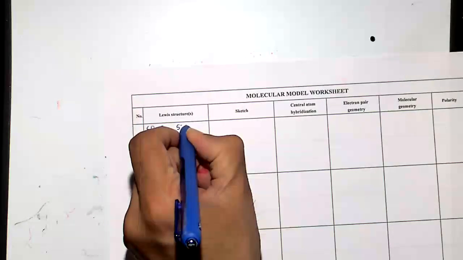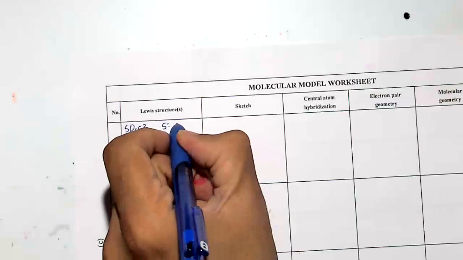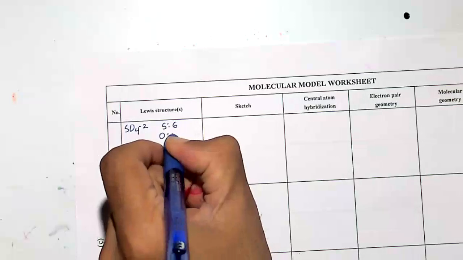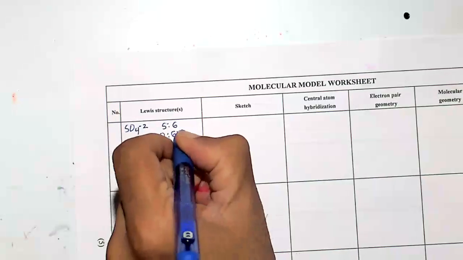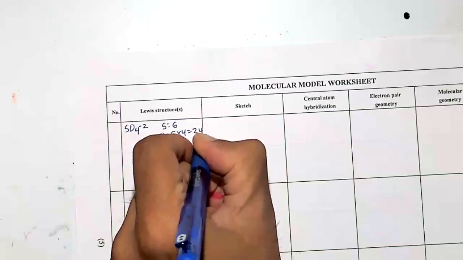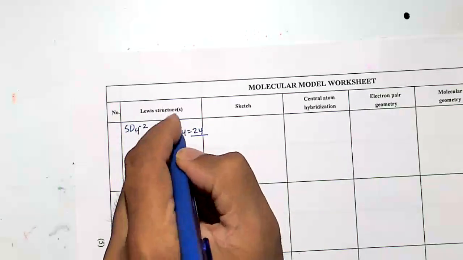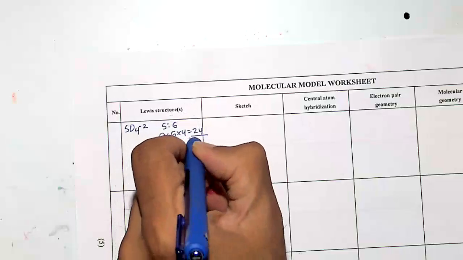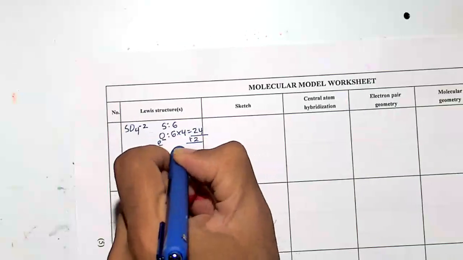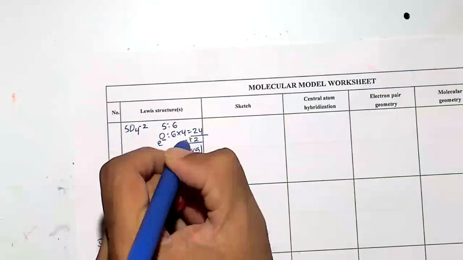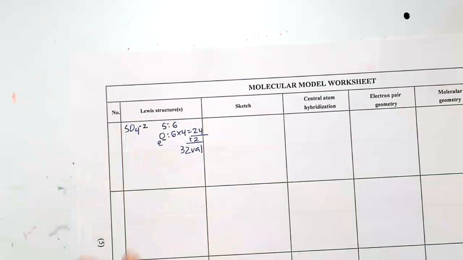What is sulfur happy at? 6. What is oxygen happy at? 6. What does the minus 2 mean? It gains 2 electrons, so we need 32 valence electrons across SO4 minus 2. This is called the sulfate ion. It was in our flashcards way back in week 1.